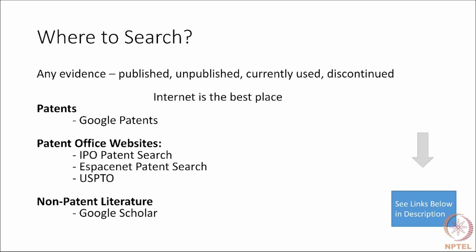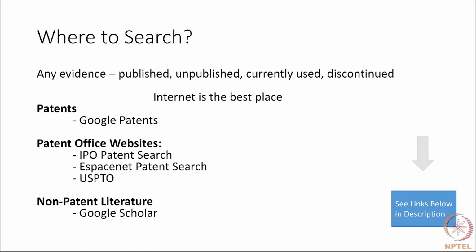You could also look at patent office websites like the Indian Patent Office website. You have a search page where Indian Patent Office patent applications can be searched. The Espacenet patent search, which is the European Patent Office website search, or USPTO, which is the United States Patent and Trademark Office search. There are other national patent offices where you could search for patents. You could also do a non-patent literature search in Google Scholar or any other non-patent literature database.